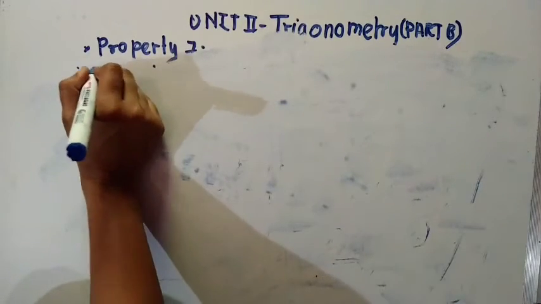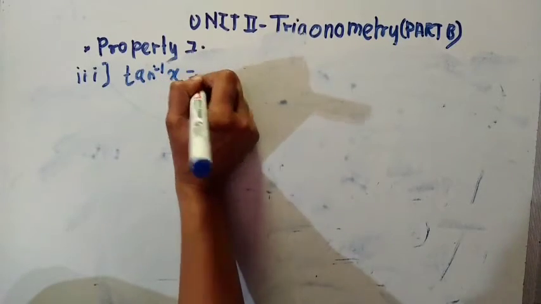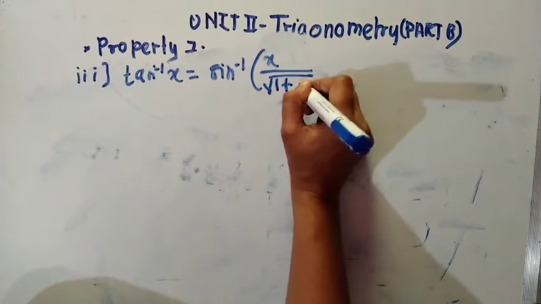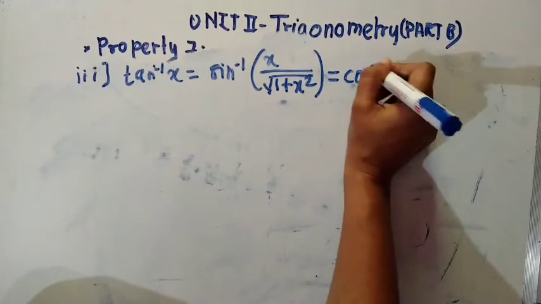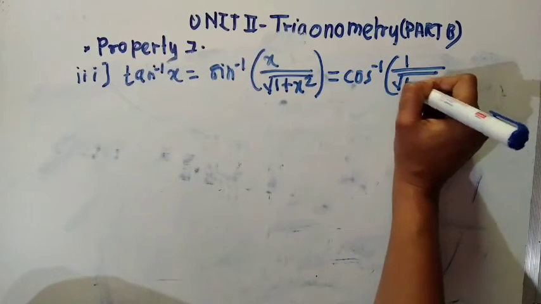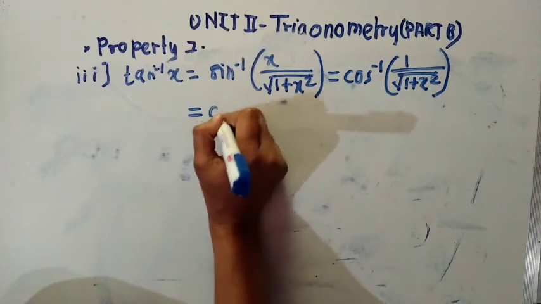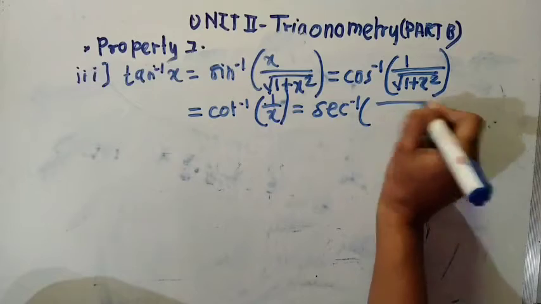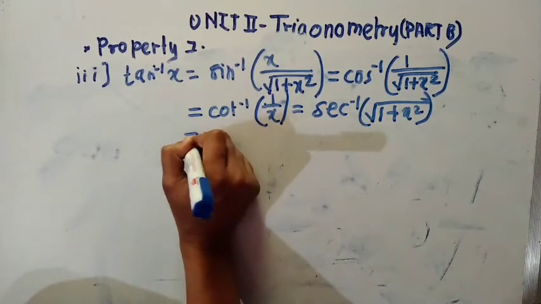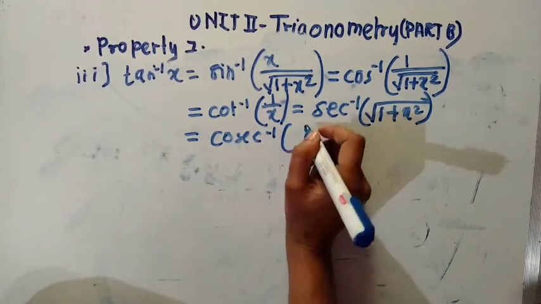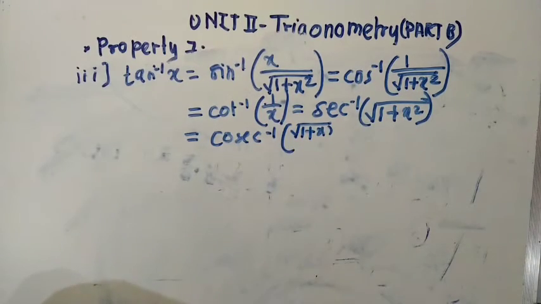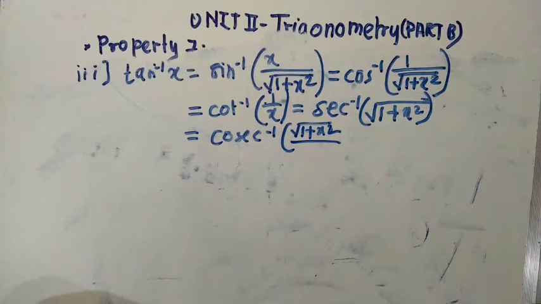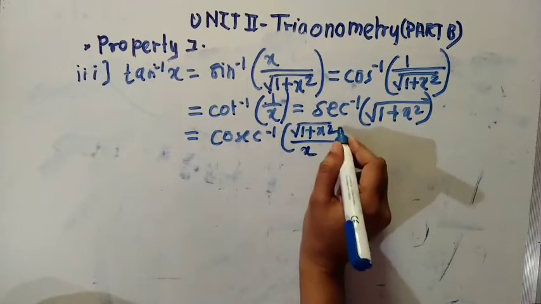Then the third property is tan inverse of x is equal to sin inverse of x upon root 1 plus x square is equal to cos inverse of 1 upon root 1 plus x square is equal to cot inverse of 1 upon x is equal to sec inverse of root 1 plus x square is equal to cosec inverse of root 1 plus x square upon x.